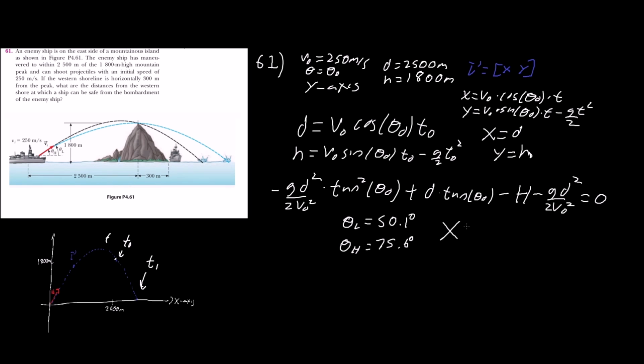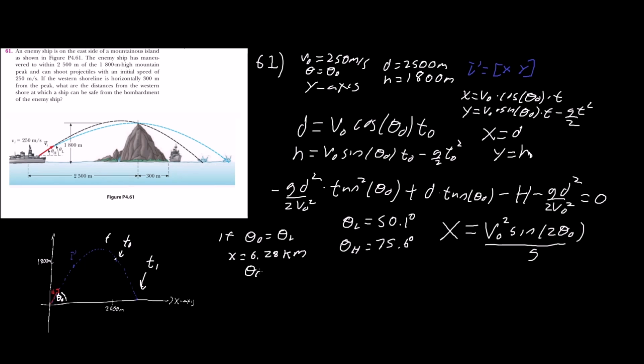Your maximum distance x is going to be, so what's theta naught? So theta naught is going to be this angle right here that I'm defining. So we're going to let theta naught be 50.1 degrees, and I actually have that stored in my calculator. If theta naught equals theta of L, x is going to be 6.28 kilometers.